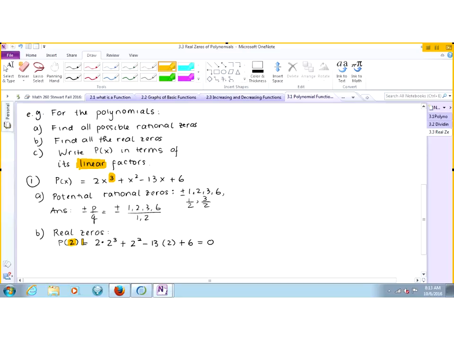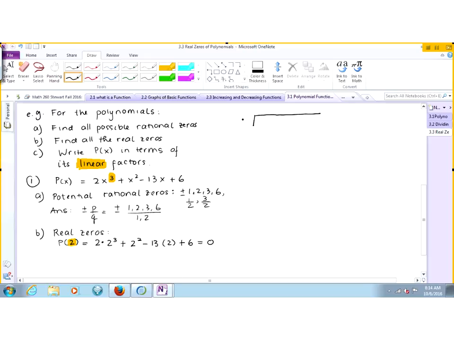So if it is a cube, it has 3 total zeros. They can be complex, can be real. But if you have a cube, you have 3 zeros. Now I found 1. So what I could do is synthetic division using this as a zero, to find the others.